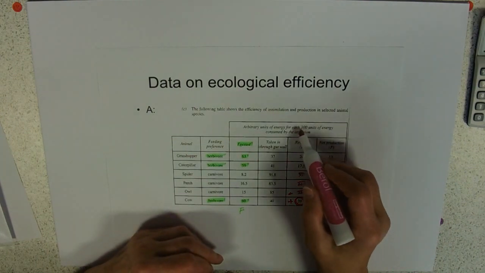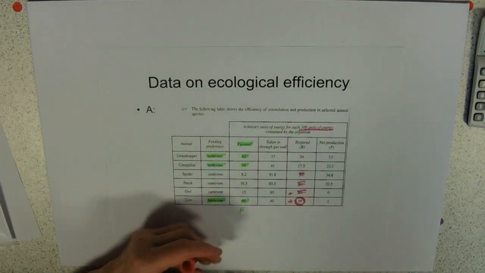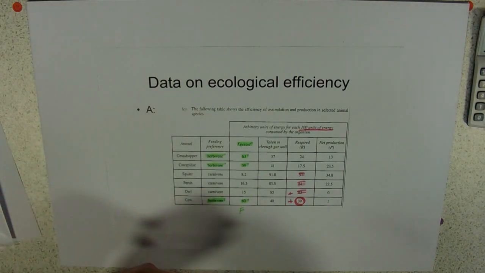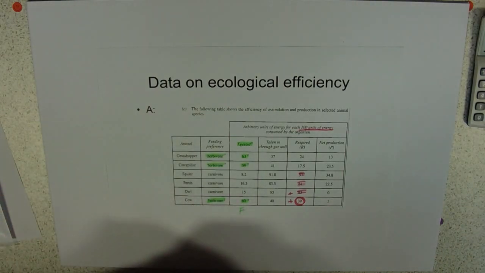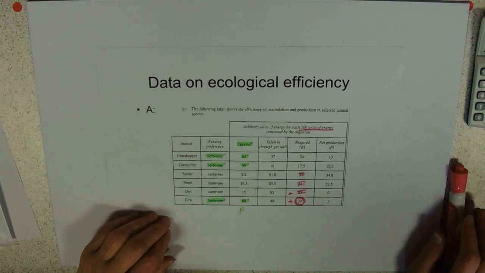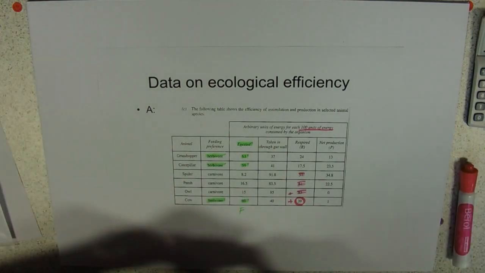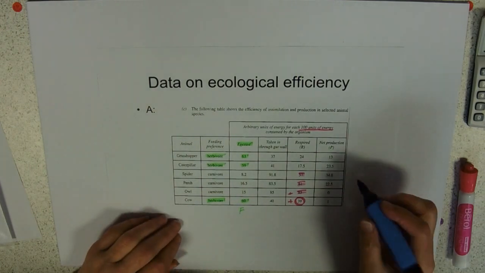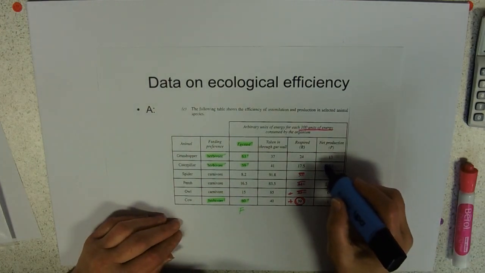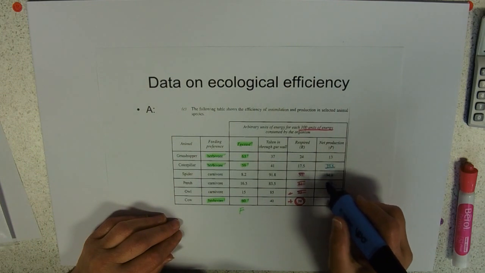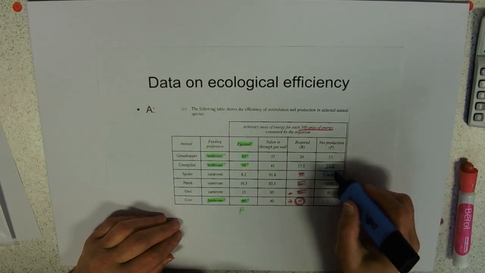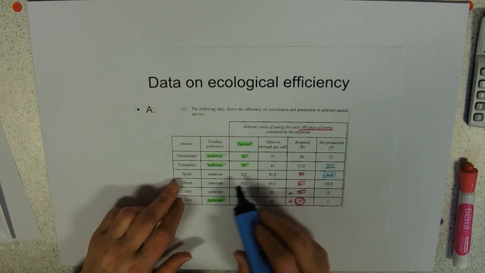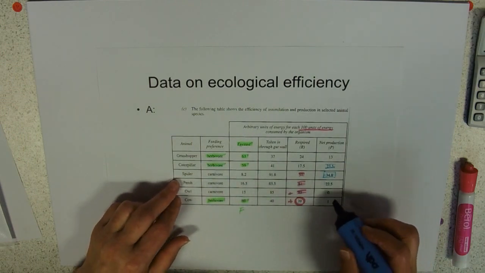Now these are for each 100 units of energy, so that's just to make them absolutely comparable between the different sorts of organisms. And then we've got net production, and again we've got quite high numbers for these, highest of all for the spider, a carnivore.